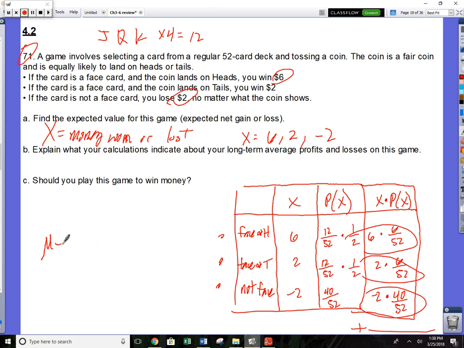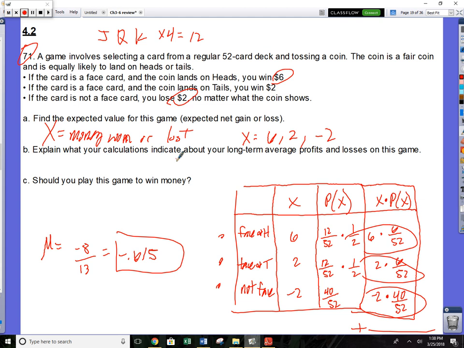So mu is equal to -8/13, which is like -0.615. So that means you're going to lose 62 cents every time you play. So the expected value, that's part A, what we just found, is -62 cents a time.